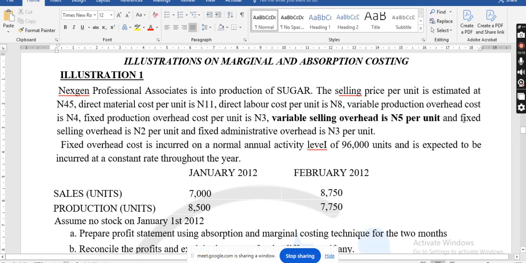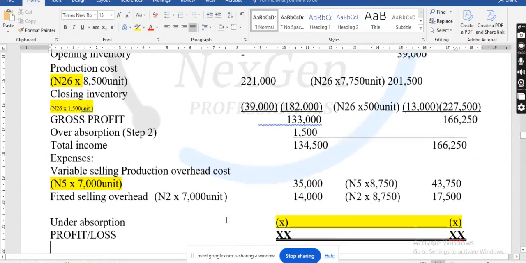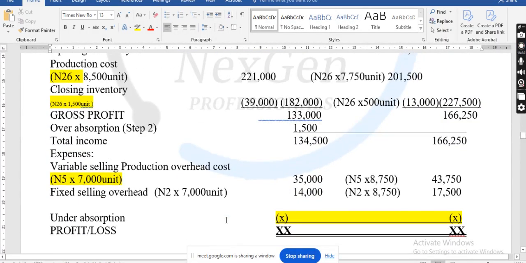In fixed selling, we multiply by the sales. Now, the fixed administrative overhead. Please give me a figure. What do we have there?